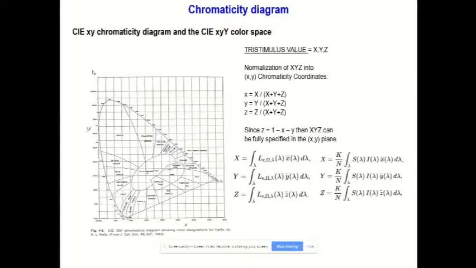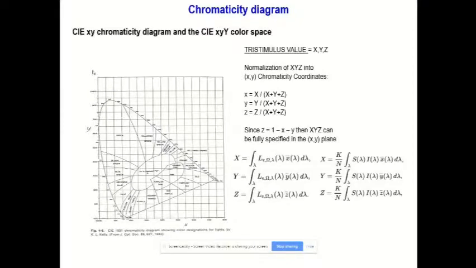Again, in the upper corner, you see the same formulas that I just showed in the previous slide on how to derive x, y, and z for the model CIE lowercase xy from the CIE uppercase XYZ. And at the bottom, you see formulas for a general case to derive the uppercase XYZ.